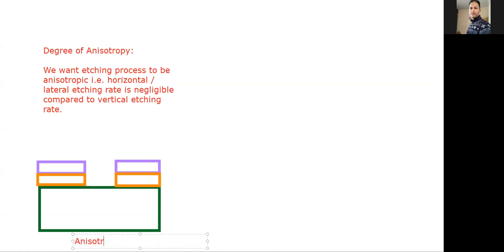Anisotropic etching. You will get a structure like this. In anisotropic etching, your lateral etch rate is 0. So you can see there is no undercutting beneath the PR.